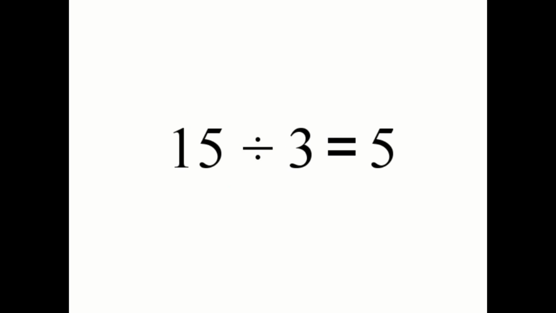So thinking about this question, a really straightforward question, 15 divided by 3 is 5. But how else could we think about this question? Well, we can ask ourselves, how many 3's in 15? Now, look at the way that question is ordered.